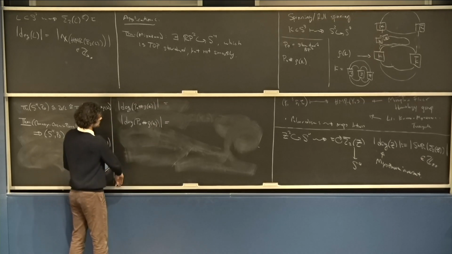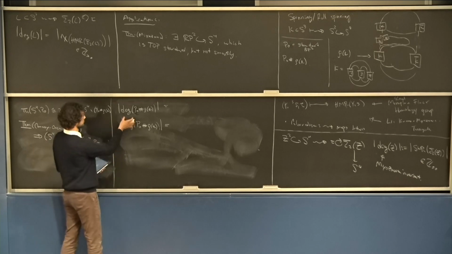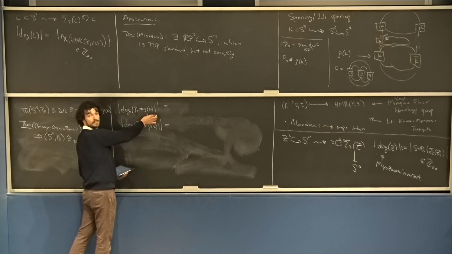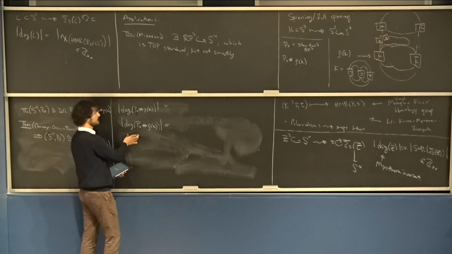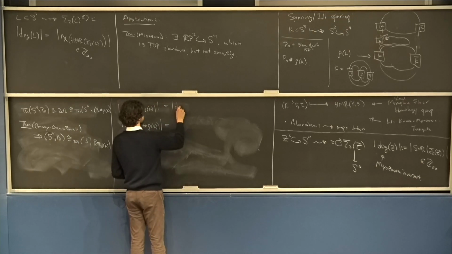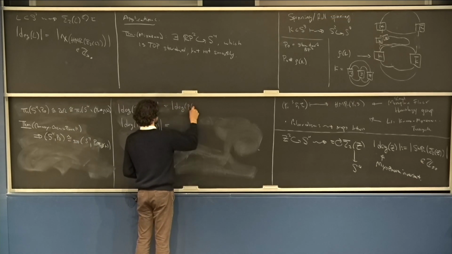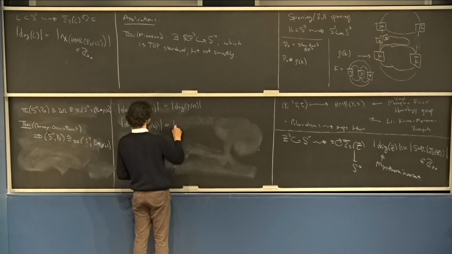So this degree, it's sort of multiplicative. So this will be the degree of P0 times the degree of this roll spun thing. Turns out the degree of the standard RP2 is 1. So this is just the degree of these roll spun two knots.